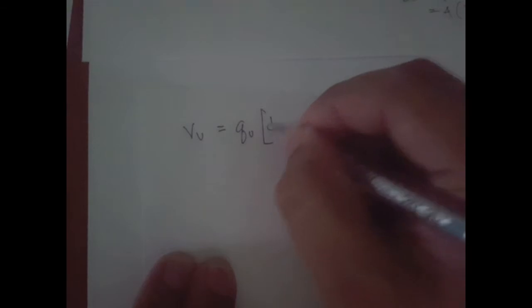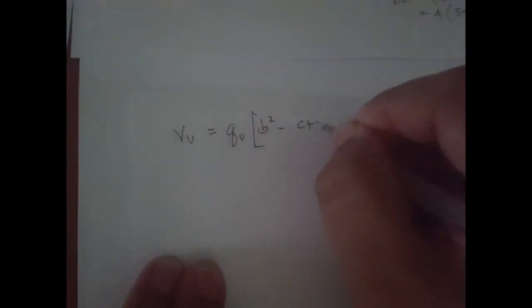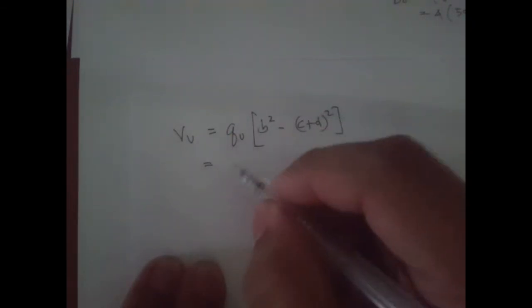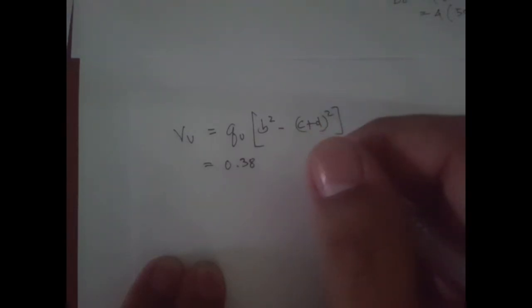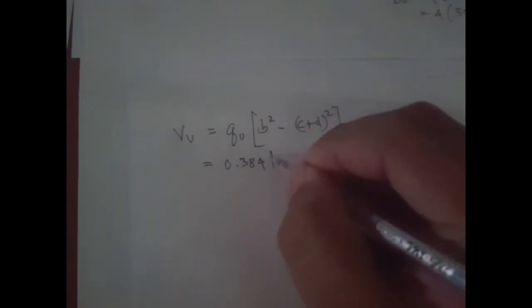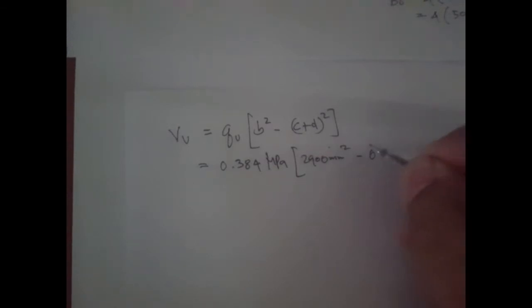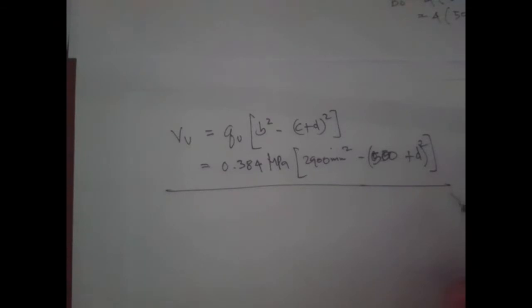The area concerned is B squared minus c plus d squared. The factored soil pressure is 0.384 megapascals times 2900 mm squared minus, not 0.5, that should be 500 plus d, squared. So that's our shear on the load side.